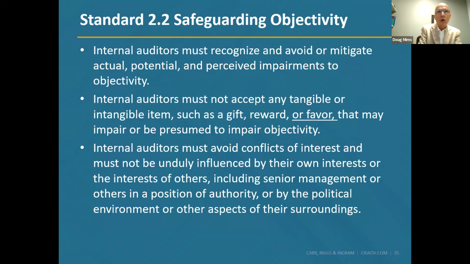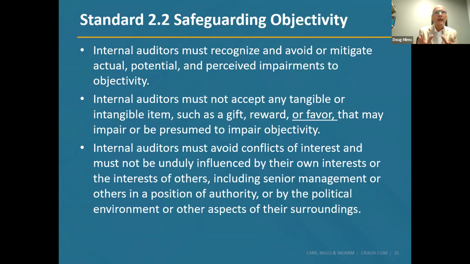Standard 2.2 is safeguarding objectivity. So this is safeguarding individual internal auditors' objectivity. Internal auditors must recognize and avoid or mitigate actual, potential, and perceived impairments. Internal auditors must not accept any tangible or intangible items, such as a gift, a reward, or favor that may impair or be presumed to impair objectivity.